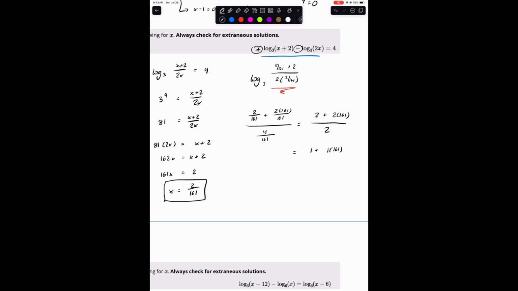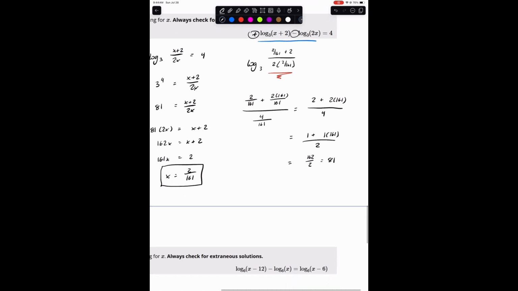Yeah, it's a 4 on the bottom, sorry. Divide everything by 2, and we get this over 2. We have 162 over 2, which is 81. We plug that back in: log base 3 of 81. 3 to the power what is 81? My answer is 4. And that is indeed our answer.